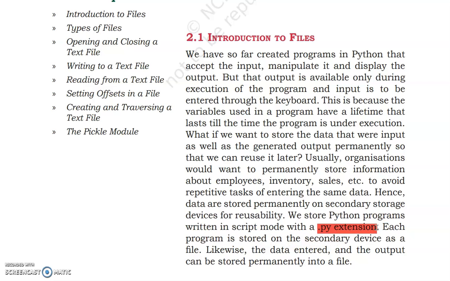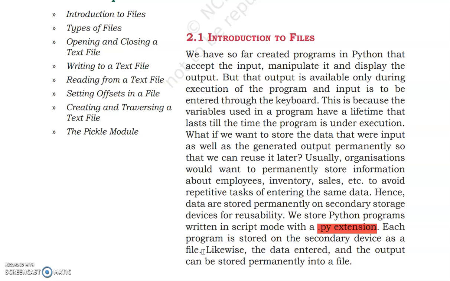And then we search for this file and then we run the file. So in this case, when we store this Python program with this py extension, we store it on the secondary device as a file. Okay, and once it is stored as a file, it is stored permanently.